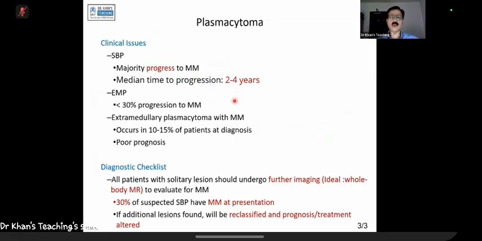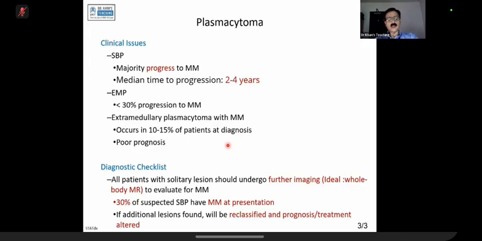Now, a key viva question, and this is a question for you. I'm not going to ask you the question, but just to let you know that if this kind of case comes in the exam, you should tell the examiner that now I will advise more imaging to rule out multiple myeloma. Similarly, if it is a metastasis, of course, you will do more imaging to rule out multiple skeletal metastases.